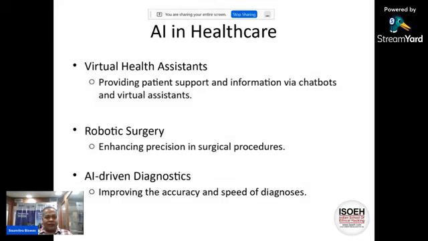Because if that is the case, then for a country like us in India, one hospital will be able to serve hundreds, even thousands of patients in villages.